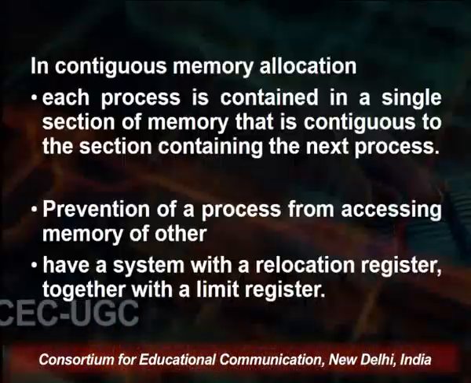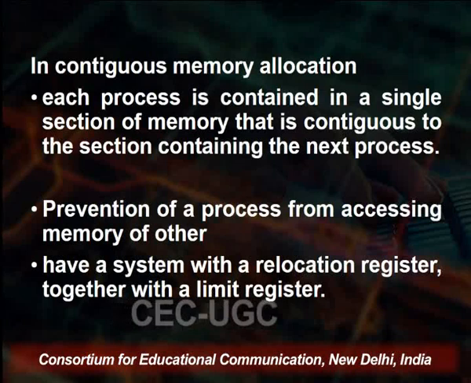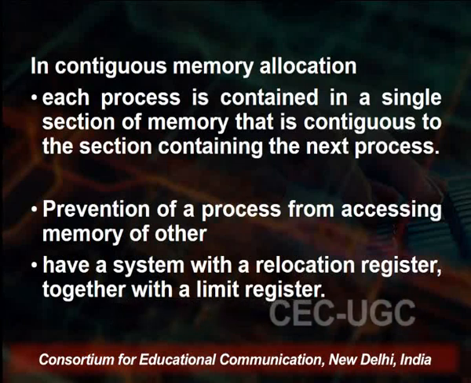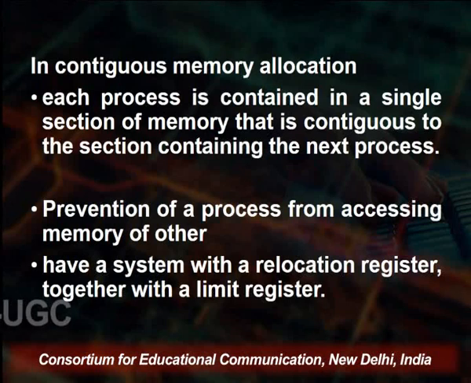Then if we talk about continuous memory allocation, your memory is taken up in continuous slots by the processes. Each process within this continuous memory allocation is contained in a single section of memory that is continuous to the section containing the next process.